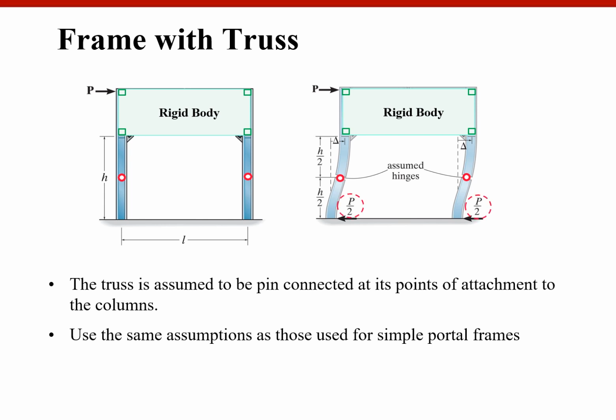Of course, the column shear at base location will be half of the lateral force. If P is applied, then because we have two columns, P over 2 and P over 2. Again, this value also is an approximate value, and the location of the hinge or inflection point is also an approximate location, but a pretty good assumption.